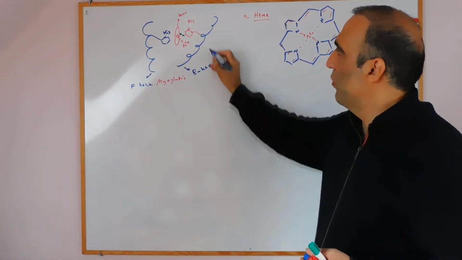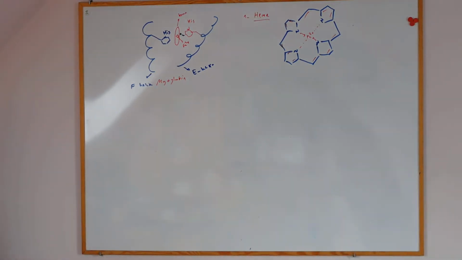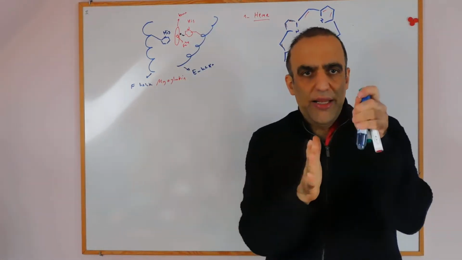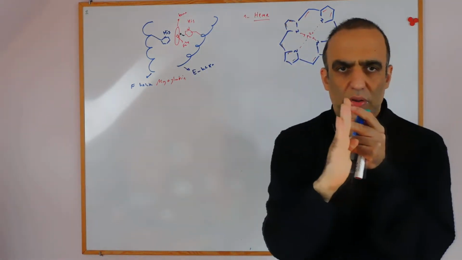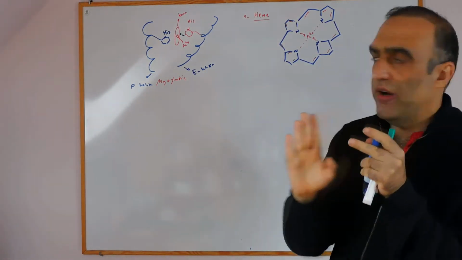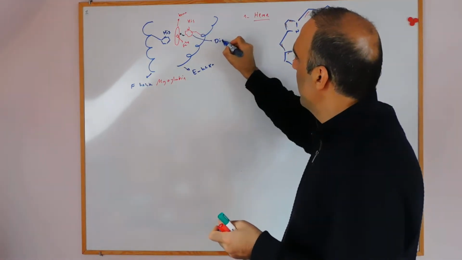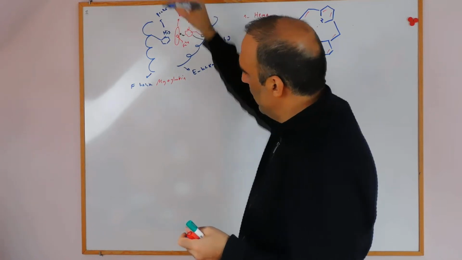It has also 1 histidine. Okay, they are not in the one plane. The first one, this histidine, is the proximal histidine, and the second one will be distal.